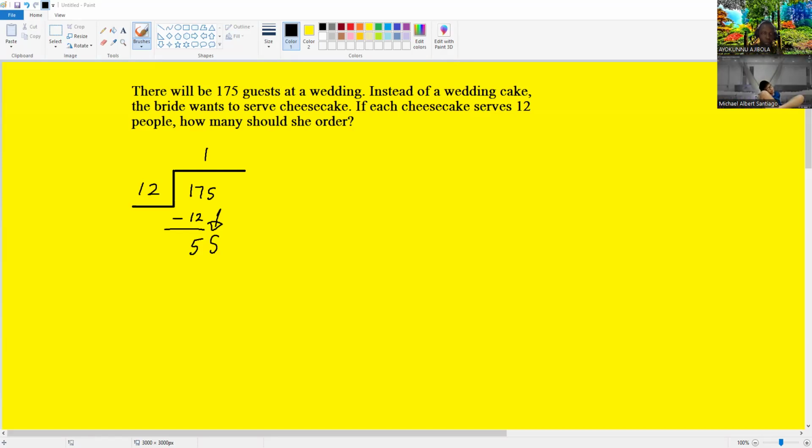How many times can 12 divide 55? 5 remainder 1. Yeah, you're saying something similar. You're saying 55 remainder 5.